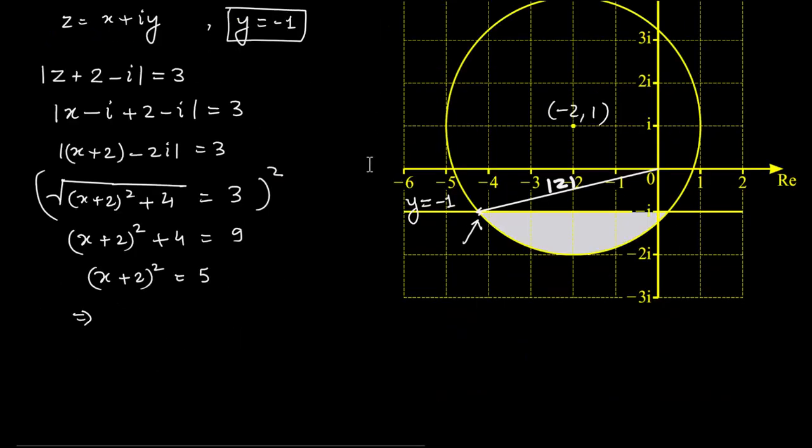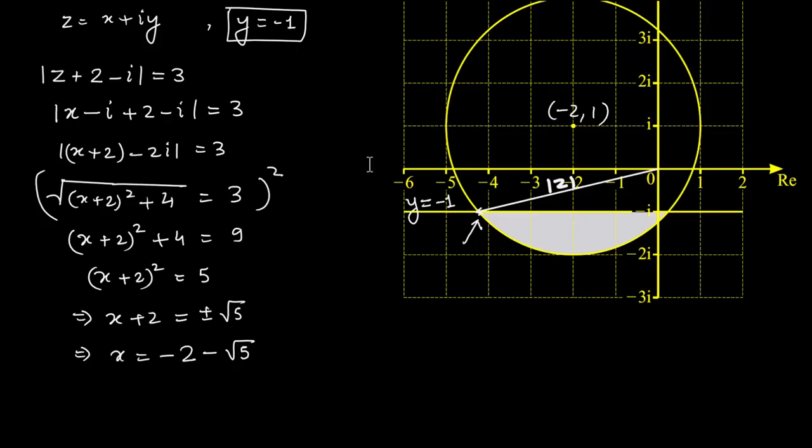So from here we get x plus 2 as plus or minus root of the result, and we know this point is in the third quadrant, so any which way this value of x has to be negative. So we will take the negative root and will not take the positive because this point is in the third quadrant. So that's the x value.